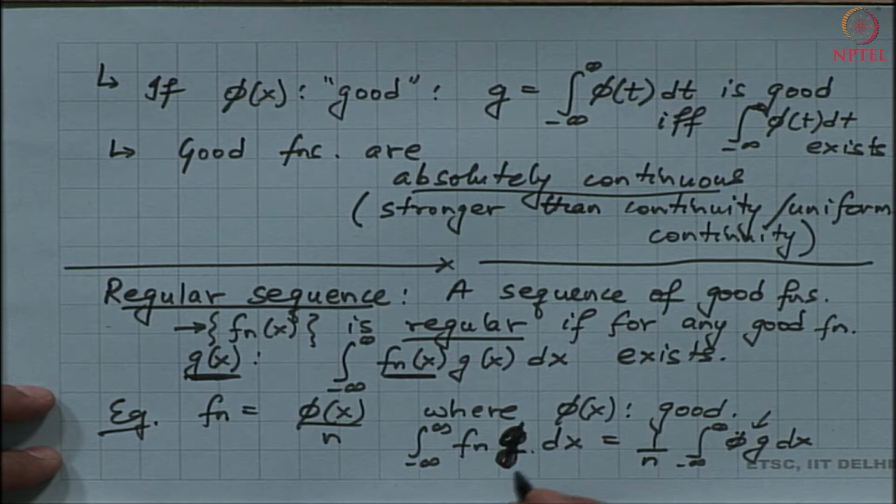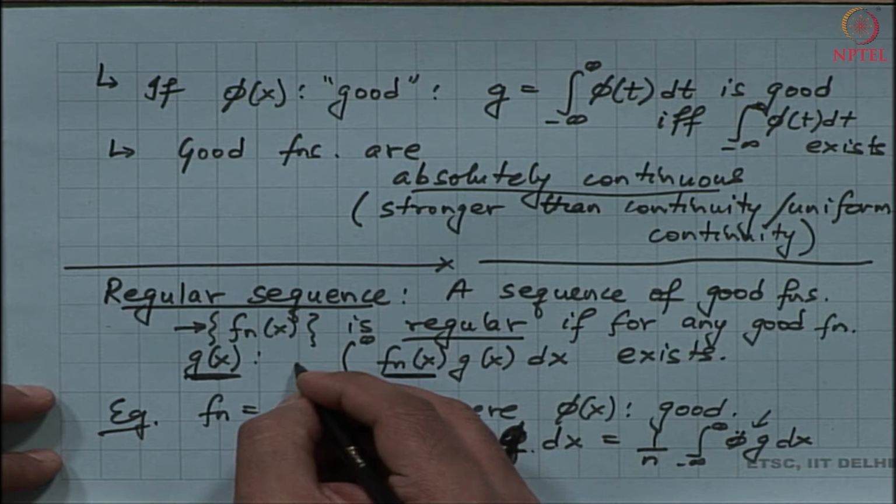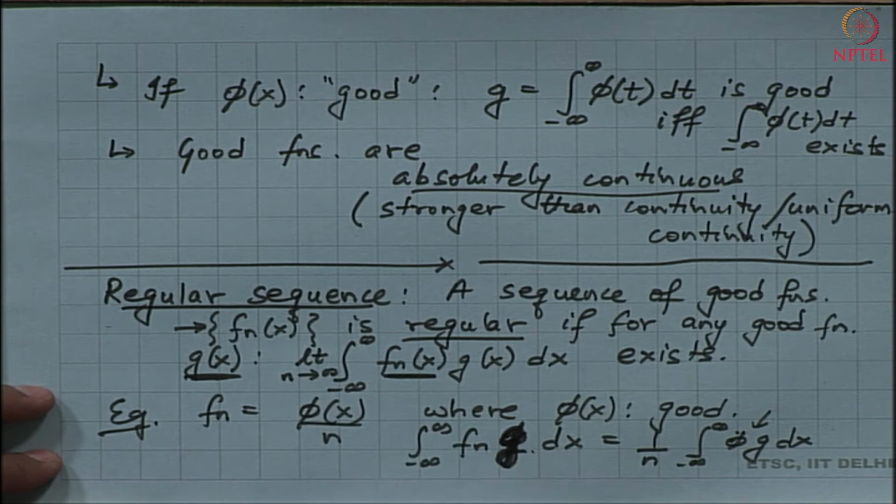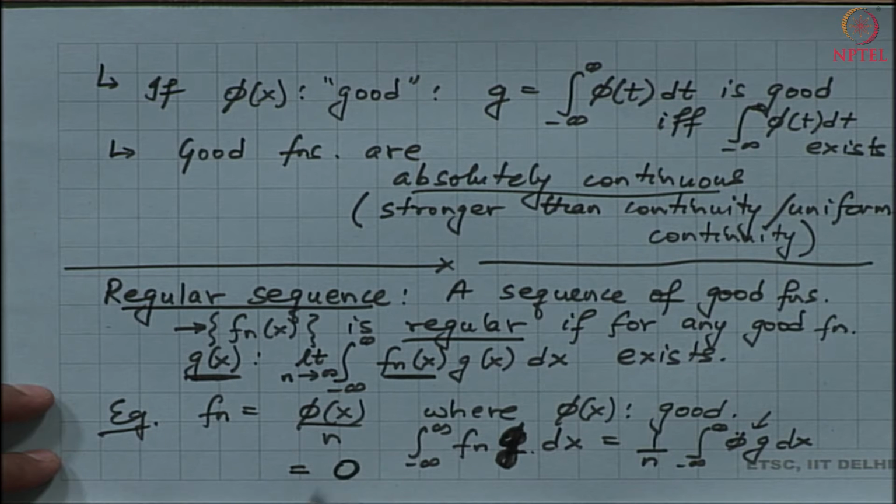And then as well, I need to mention that this integral should exist in the limit n tending to infinity. So, what happens in this limit? For this example, as I take the limit, the integral goes to 0. As n tends to infinity, the integral tends to 0, because in the numerator the integral exists, since it is a product of two good functions.